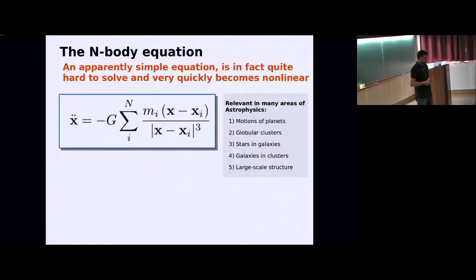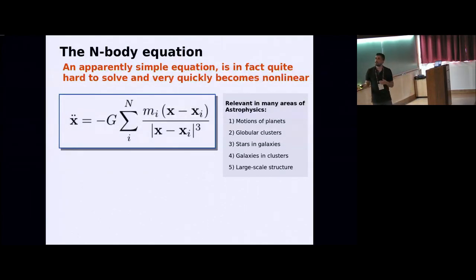So now the equations are simpler, just classical mechanics, and this is the equation we need to solve. This is the N-body equation, which just tells you that the acceleration that a particle feels is 1 over r squared, 1 over the distance squared to the other particles, summed over all particles.